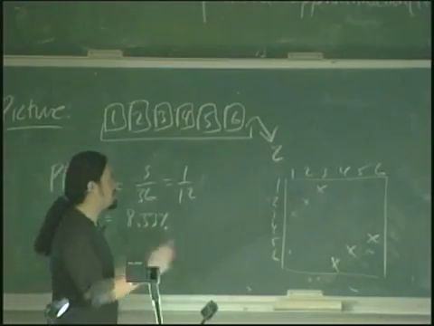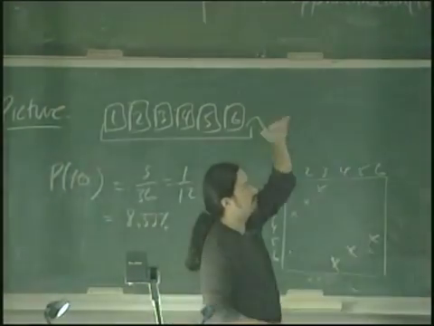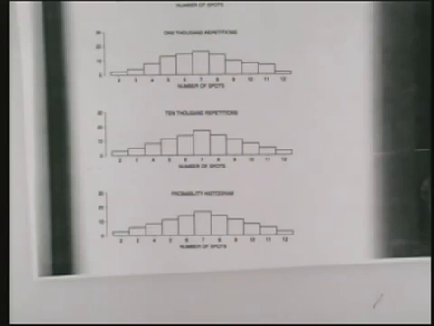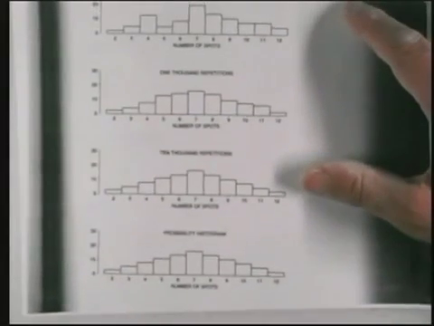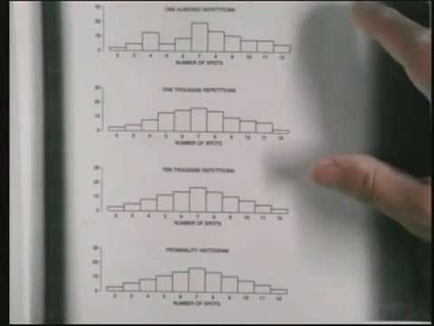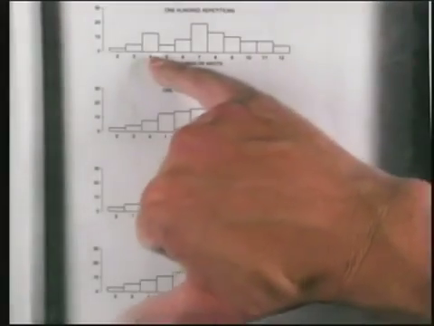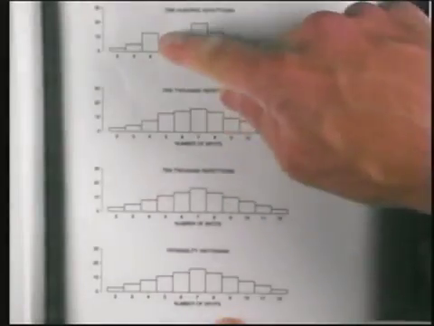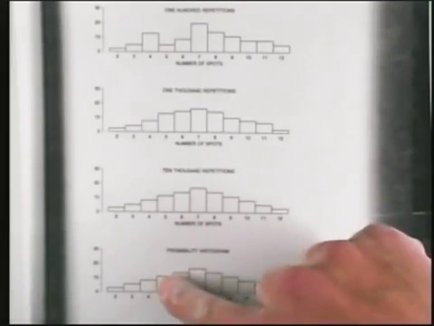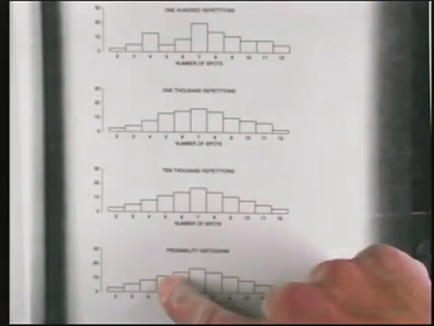All right, so the lesson I want to emphasize in these pictures is that as we increase the number of repetitions, we get closer and closer to that probability histogram. The empirical histograms get closer to the probability histogram, and the reason is basically the law of averages. The law of averages is telling us that, let's go back to this top one that's all funny looking, the area of the bar over 4, for example, should get closer and closer to 8.33, the actual probability.